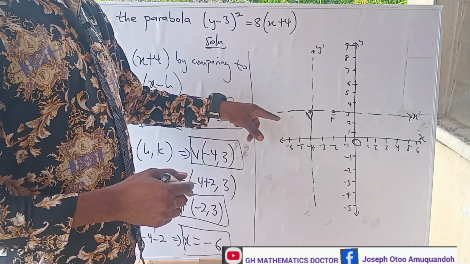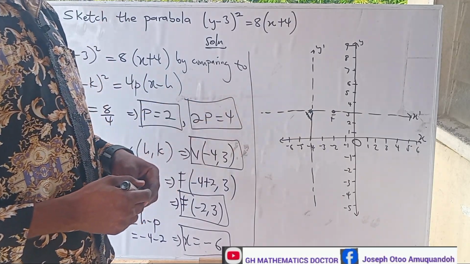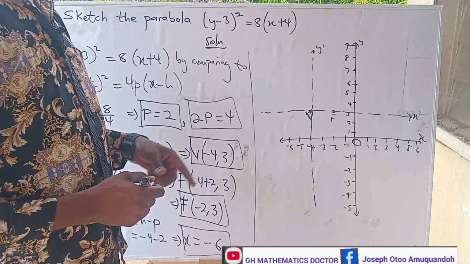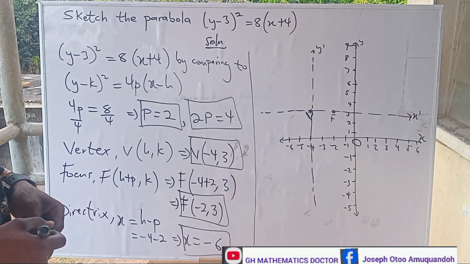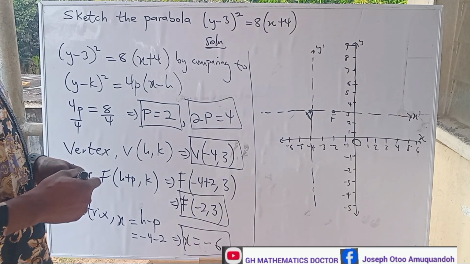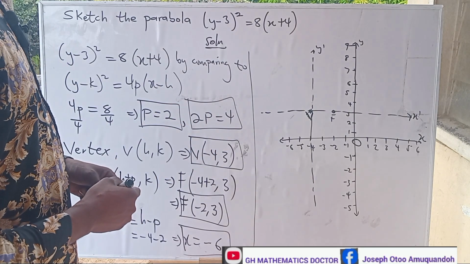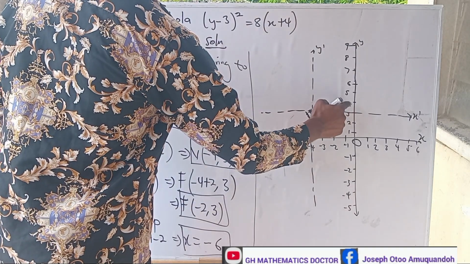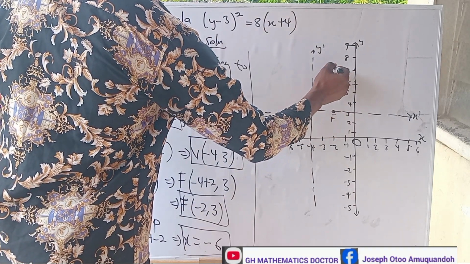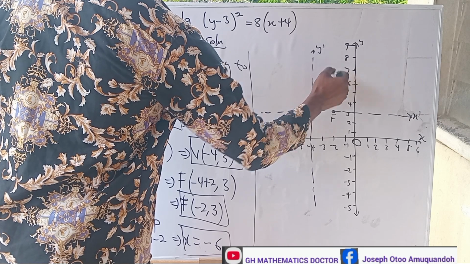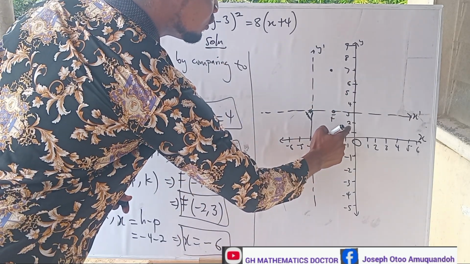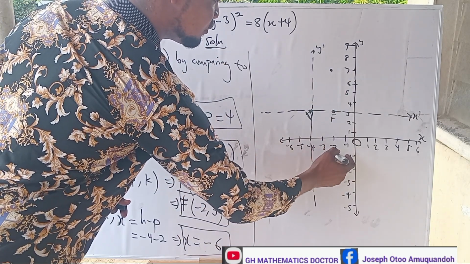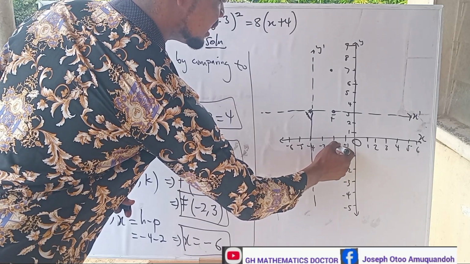So the other axis of the parabola, which the parabola hasn't been found, is the y-axis. So the 2p, which is the 4, belongs to the y-axis. So 4 skips at both sides. So 1, 2, 3, 4. This will land on 7. Then 1, 2, 3, 4. This will land on the -2.